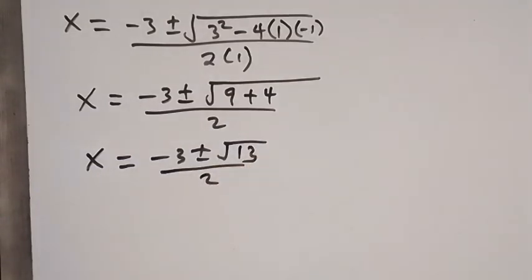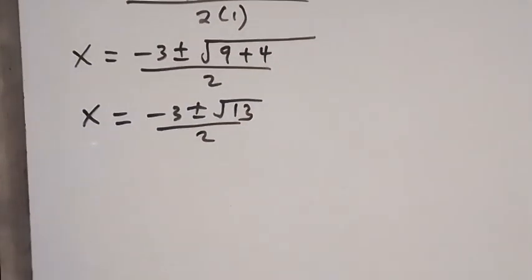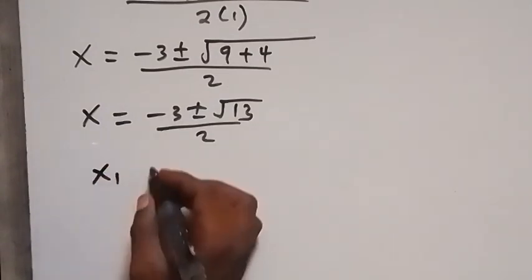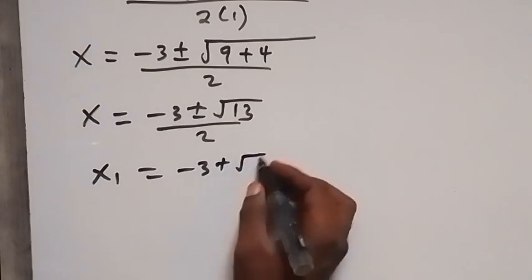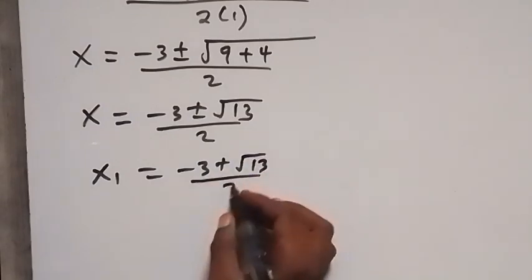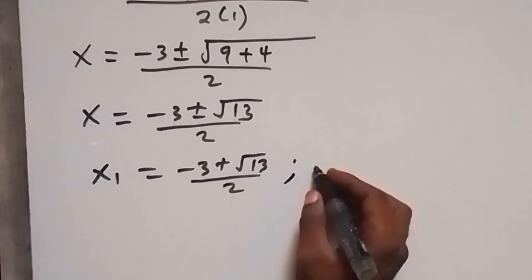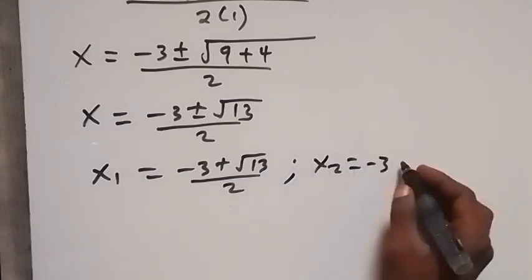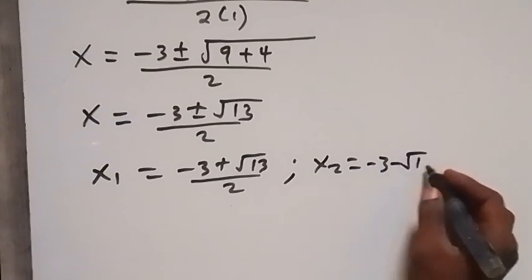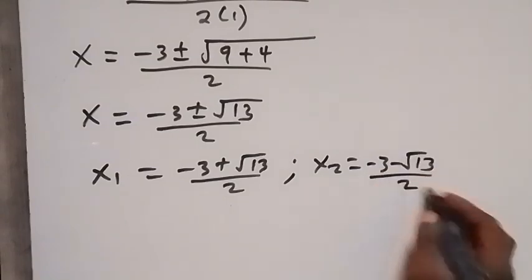So we have the two roots here now. We have x1 equal to minus 3 plus root 13 over 2, and the second root, x2, equal to minus 3 minus root 13 over 2.